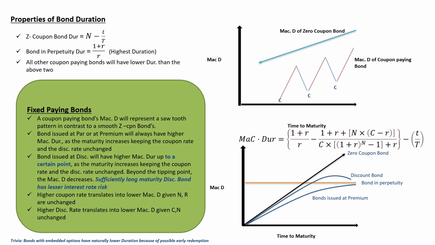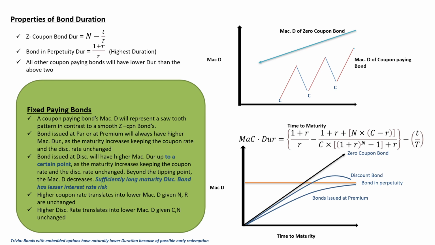Okay, so now we dive into the properties of bond duration, and this is an important thing as far as this slide. Let me start first with the fixed rate bond. It's a smooth decline as the maturity increases. As we proceed towards the end of the tenure of a bond, the duration measure decreases proportionately.